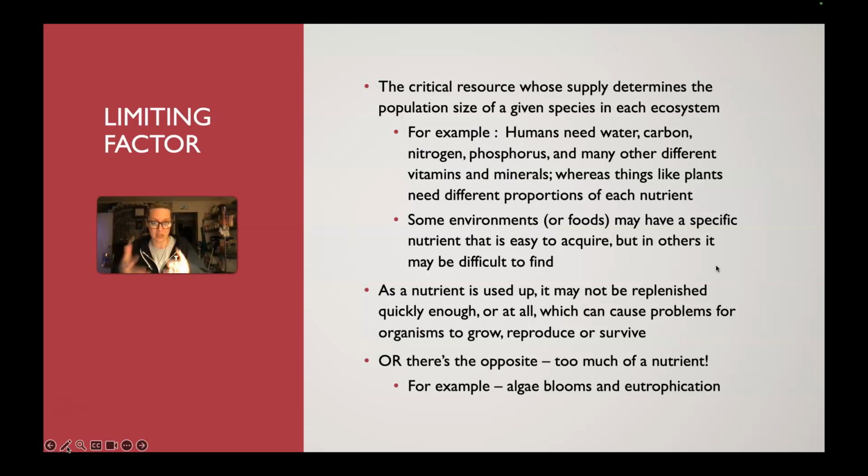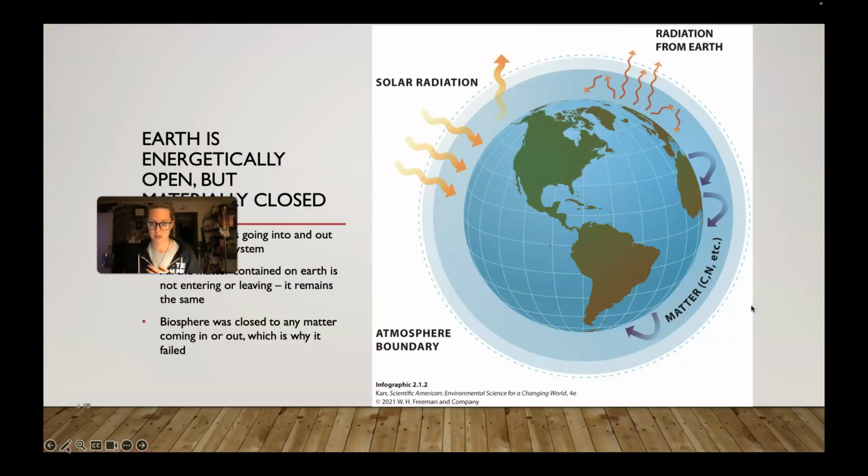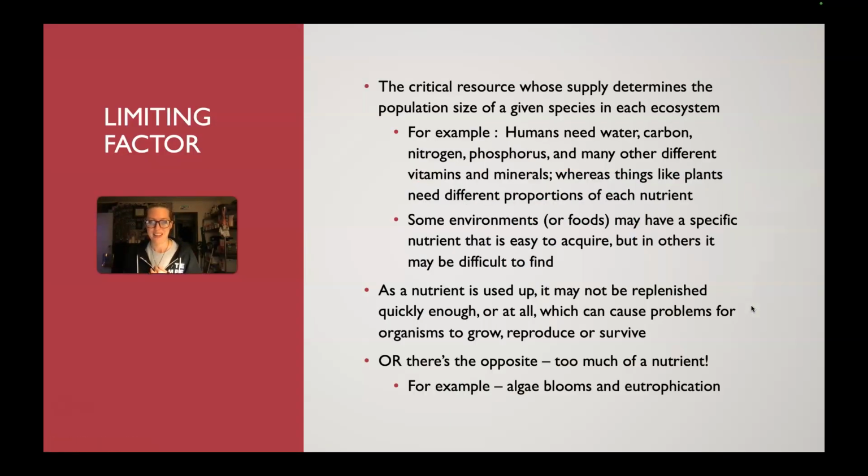It isn't just in the soils because they're unfortunately quite depleted. So as a nutrient is used up, it may not be replenished quickly enough, or at all, unfortunately, which can cause problems for organisms to grow, reproduce, or survive, right?